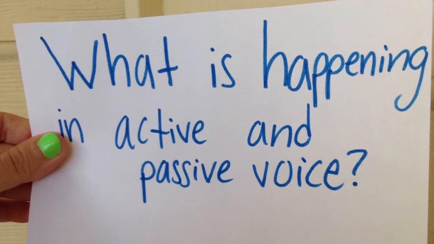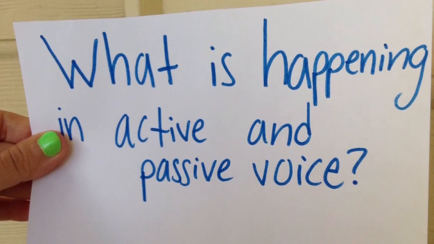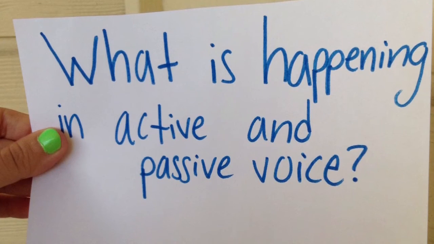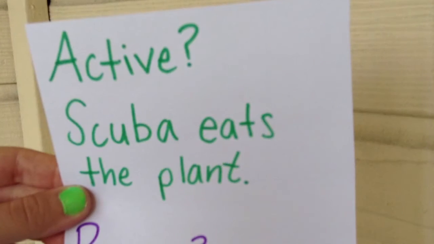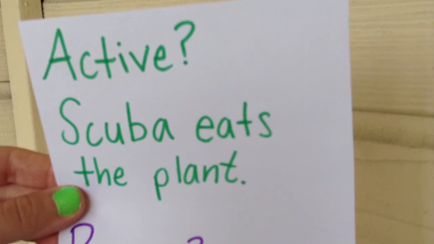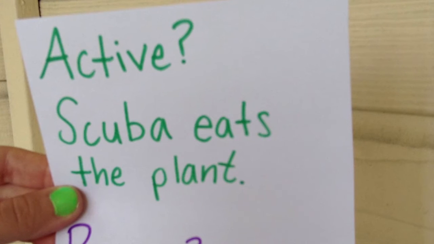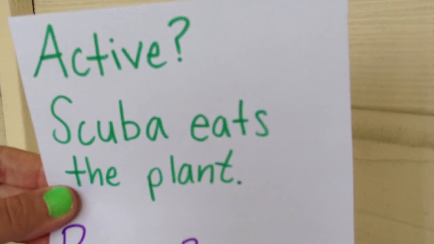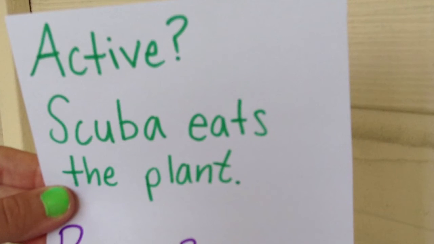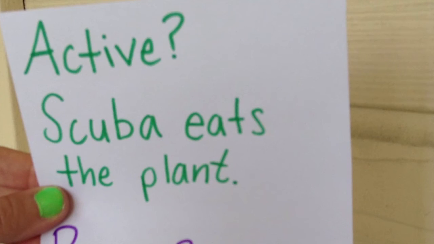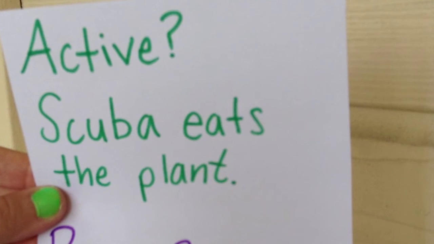Let's think about what is happening in active and passive voice in this last and final video. Let's look at the active. Scuba eats the plant. Here, Scuba, the subject, comes first. The plant, the object, comes after the subject. And we see a direct relationship between the subject and the object.